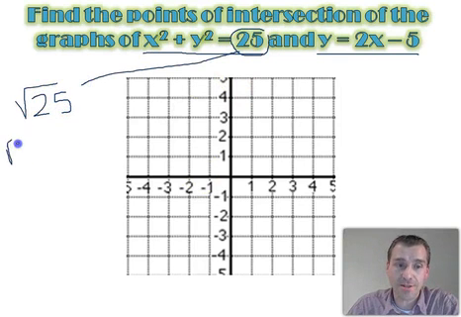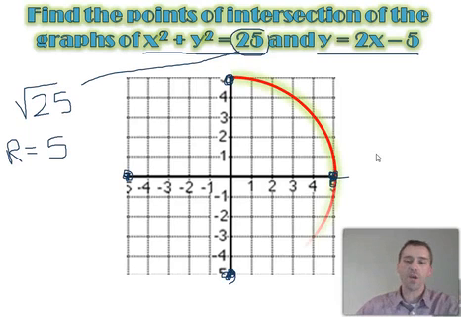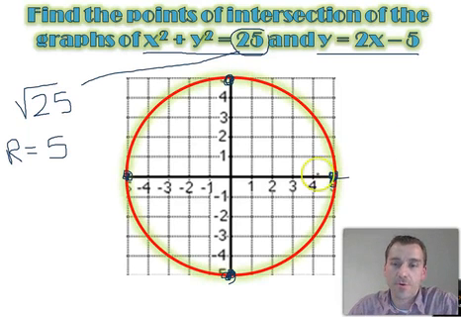So my radius length, the r, is 5. So at 5 up here, at 5 over here, at negative 5 over here, at 5 right there, lovely. So there is my circle. The radius is 5, that is excellent.